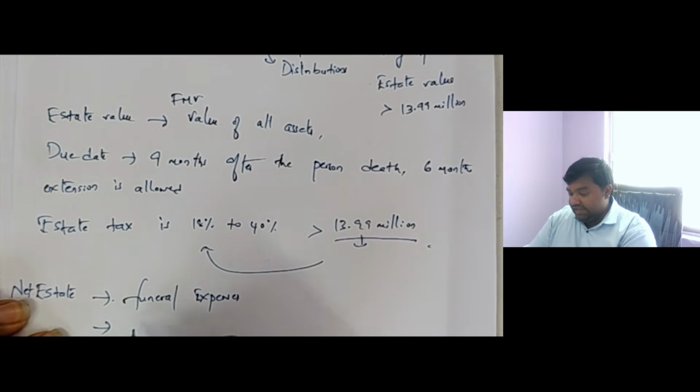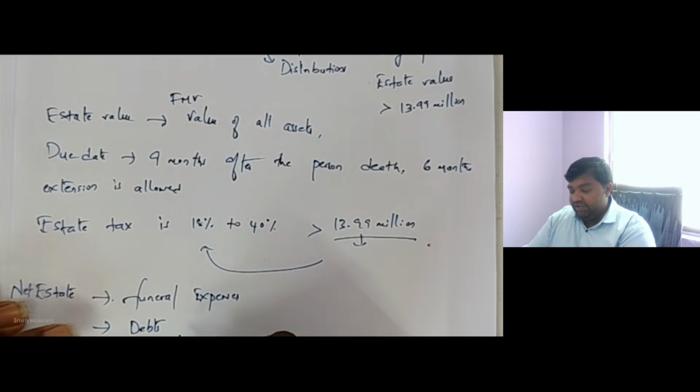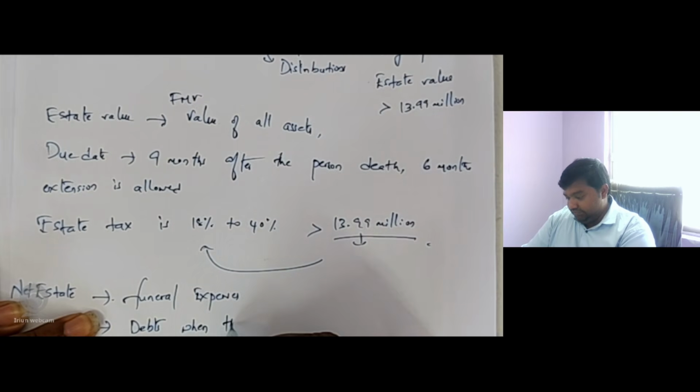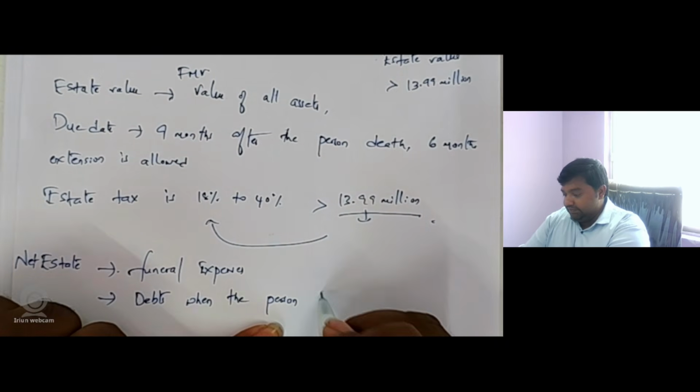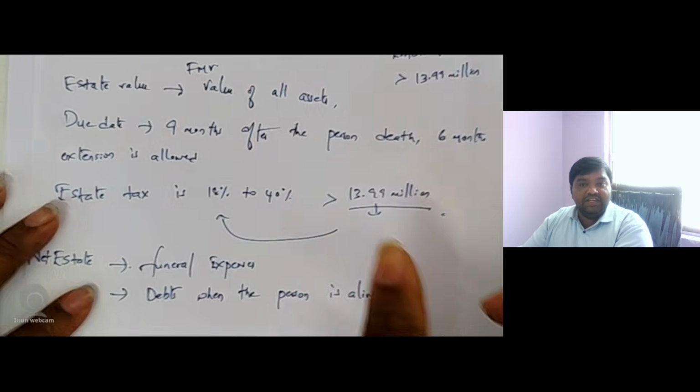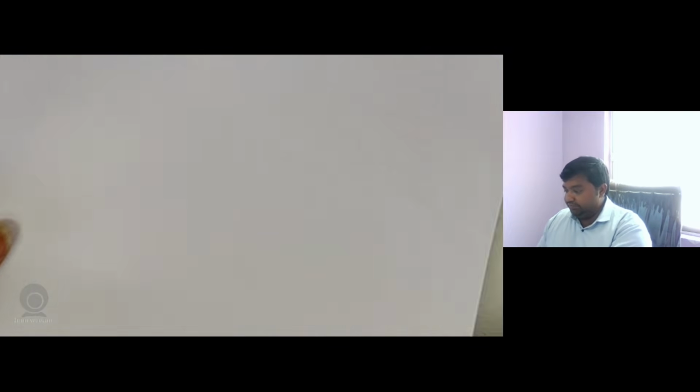Next is debts: if the person has liabilities, we reduce that from the gross estate to arrive at the taxable estate.